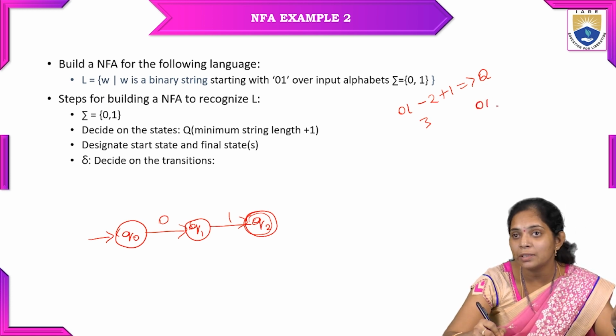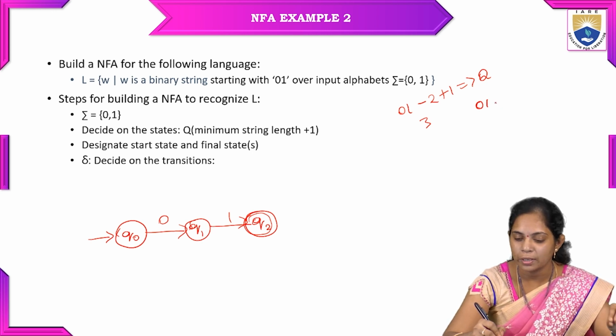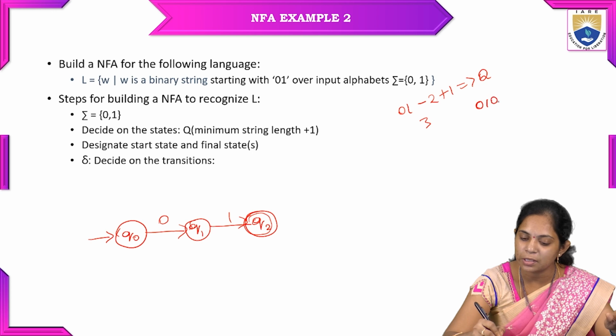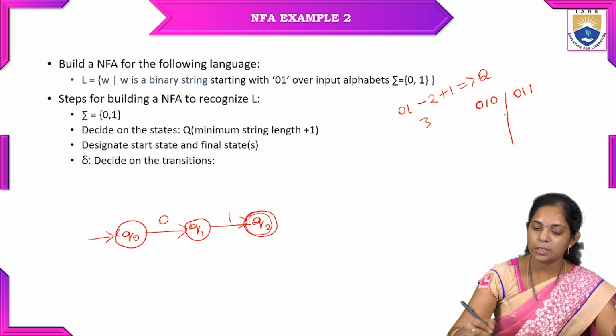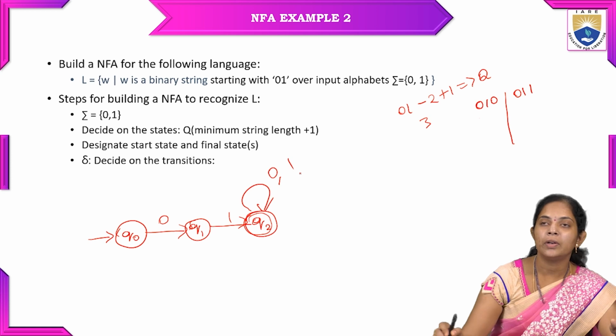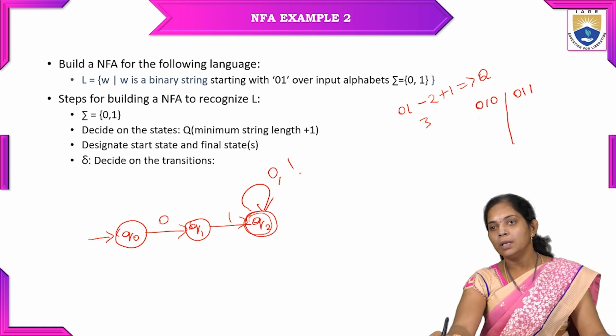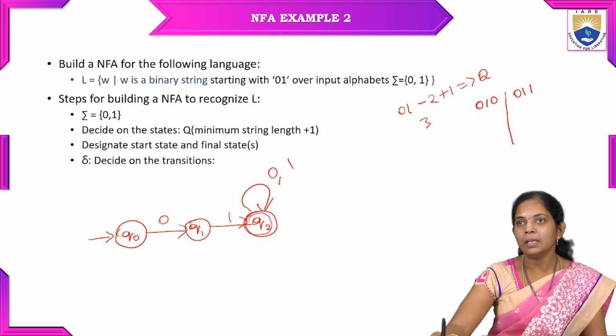There is no limitation on the ending, so it can end with either 0 or 1. That should be written with the self loop, so the ending is written like this: 0 comma 1. Like this we can construct an NFA for the given language.